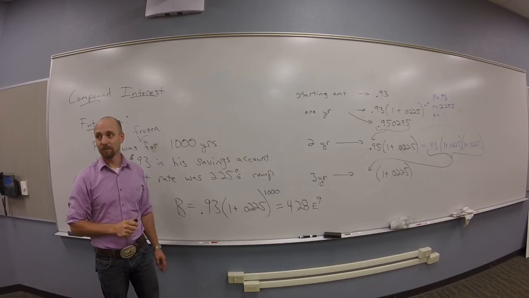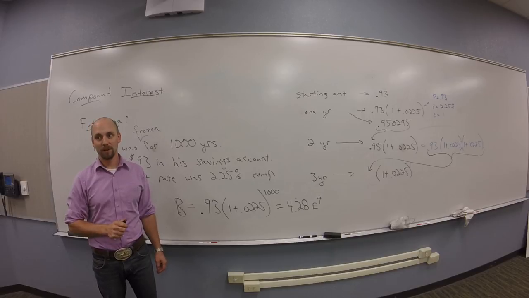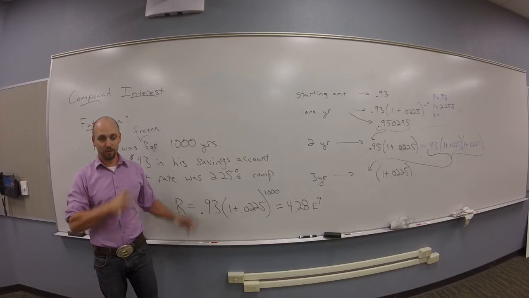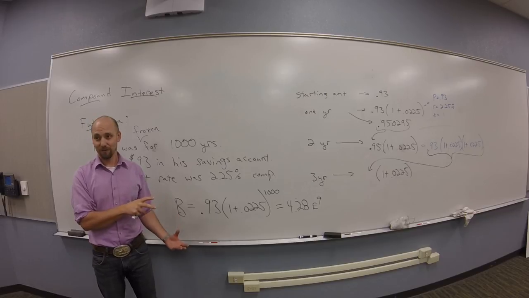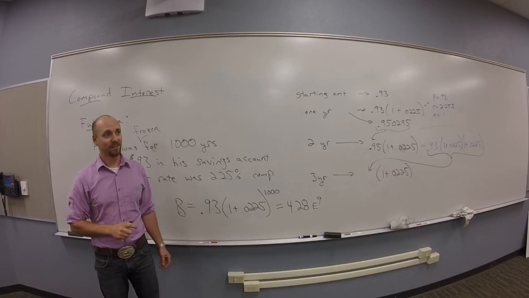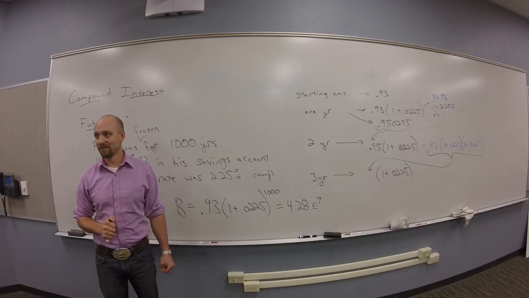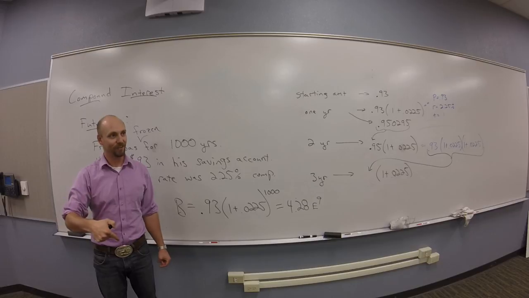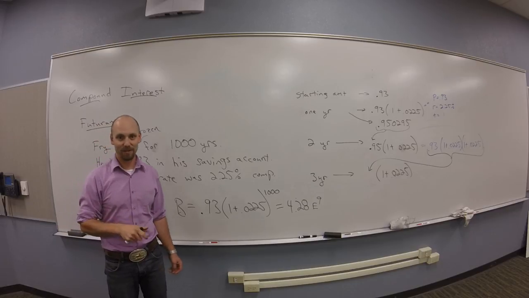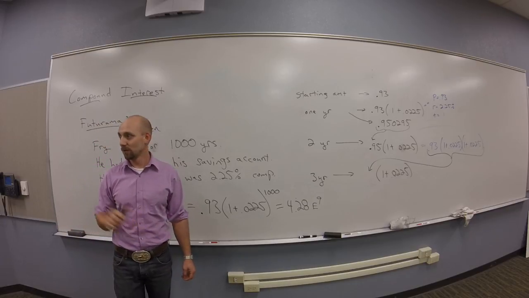Stock market stuff is all compound interest. So this is the applicable one to your everyday life. Credit cards are all compound interest. Be scared of that, because that means you can end up paying interest on the interest, and it gets away fast. Cool. Questions on compounding?